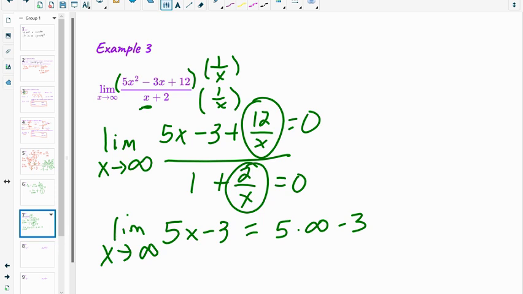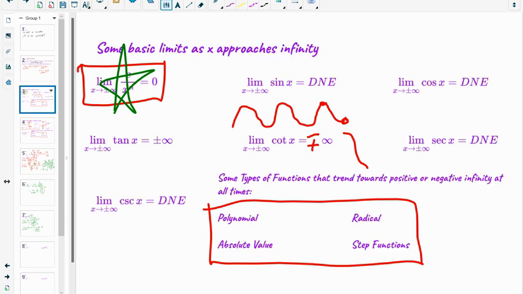Okay? 5 times infinity is just infinity, and minus 3 is still infinity. So we've got a limit that goes towards infinity. But also, 5x minus 3 is a polynomial. And for a polynomial, as x goes to infinity, this will go to positive infinity. It's still worth finding out whether it's going to be positive or negative, but still. Okay.